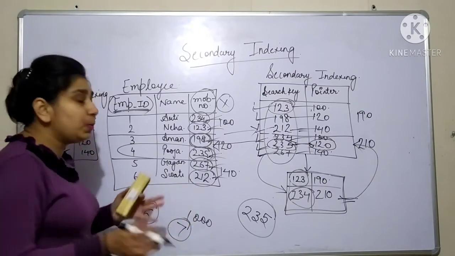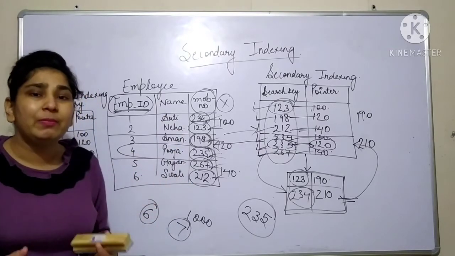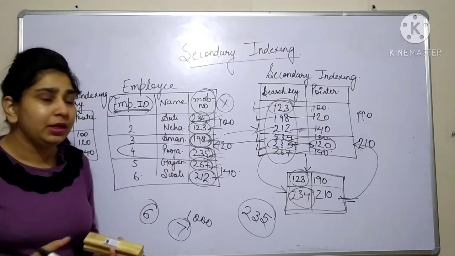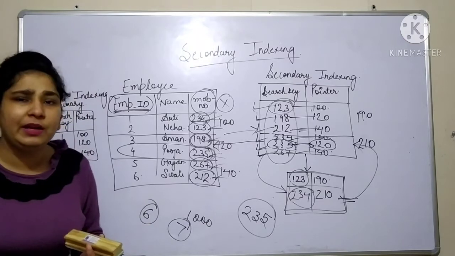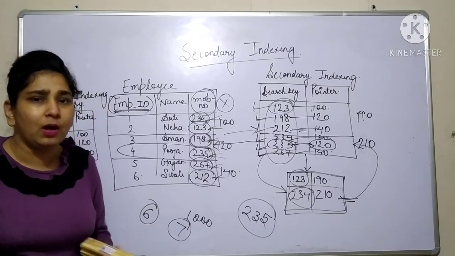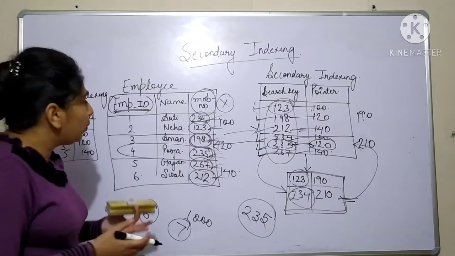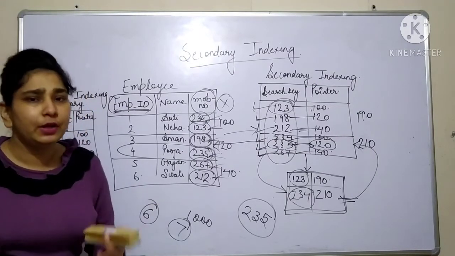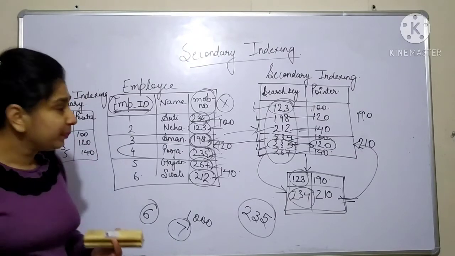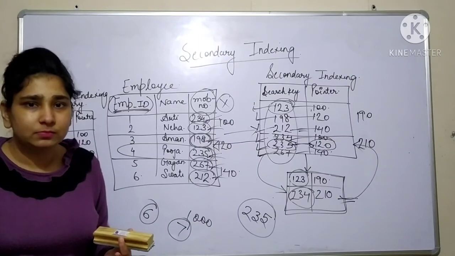So it is very important for you to know that if your table size is small, if you just have 10 to 15 records, you don't need to do any indexing on that relation. Indexing is mainly required when you have a large number of records. In this case, indexing is not beneficial.